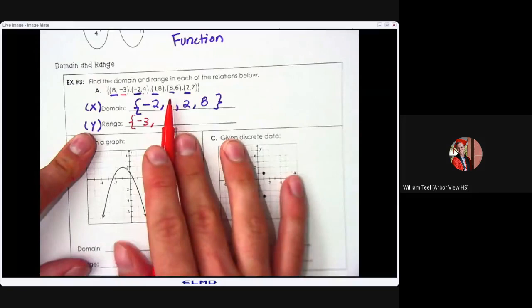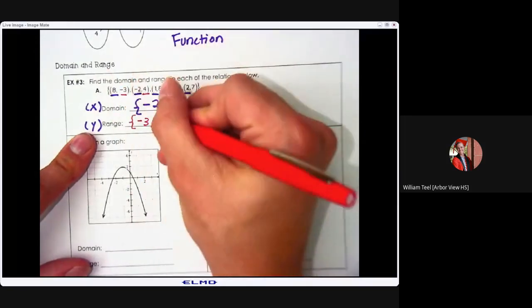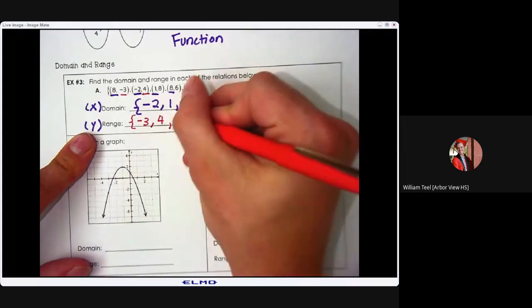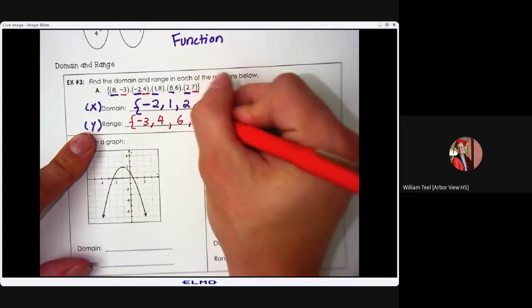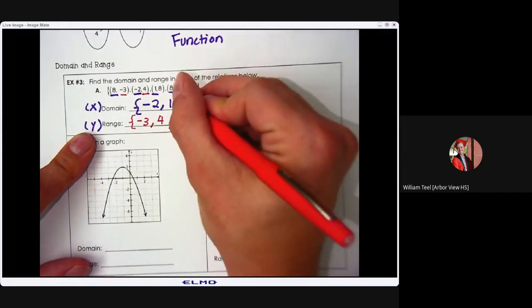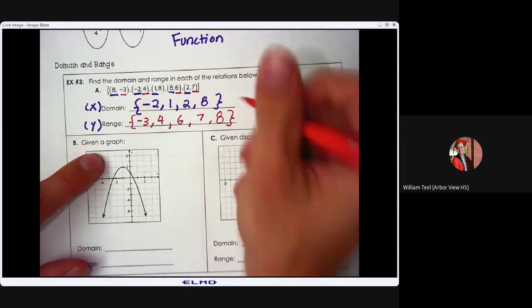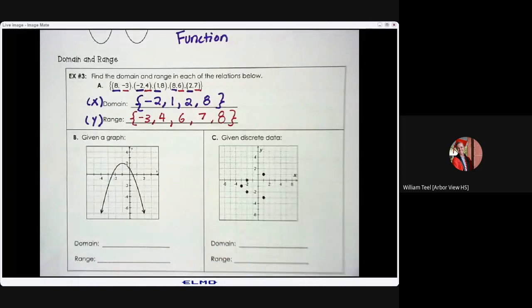Then I have 4 is the next smallest. Then I have 6, 7, and 8. So this is all of the possible outputs, or y values, of that relation. That is going to be my range, all of the individual y values.